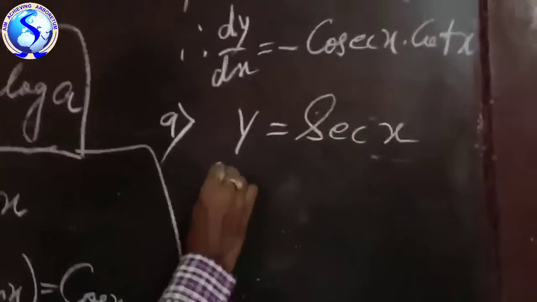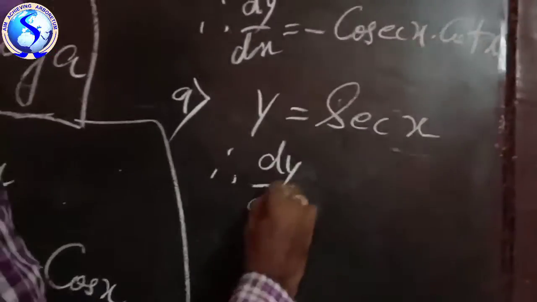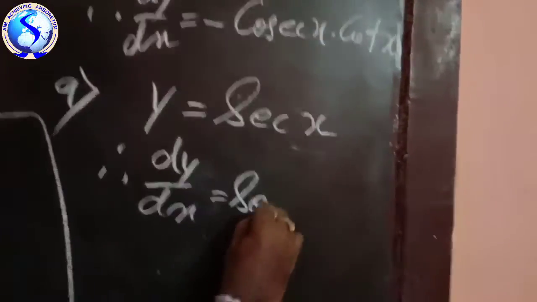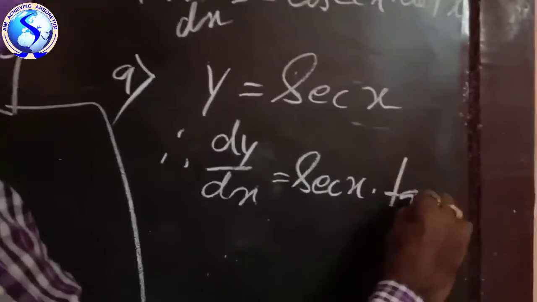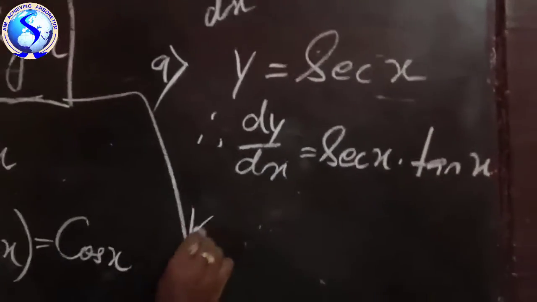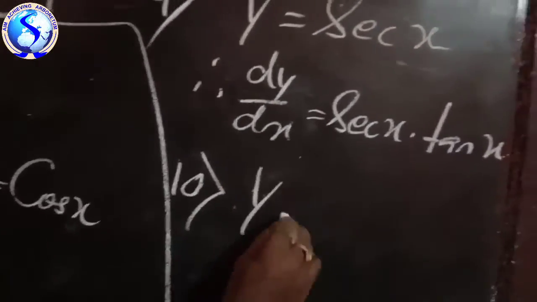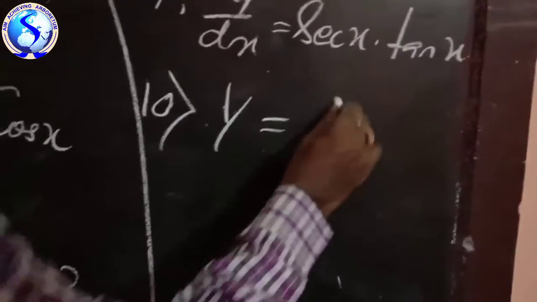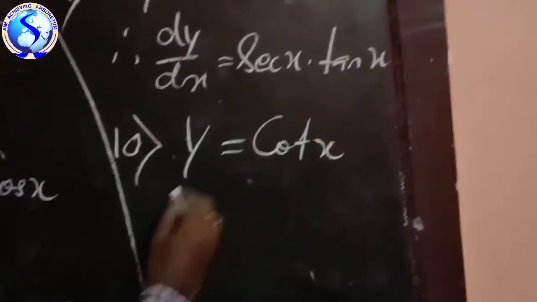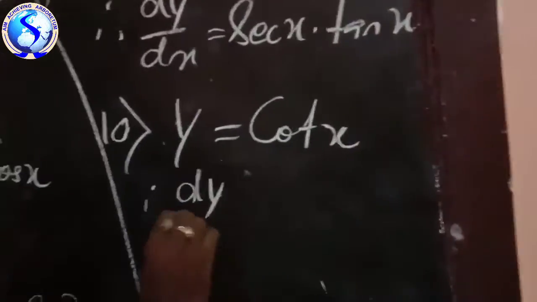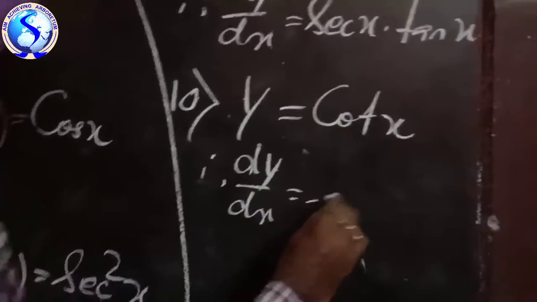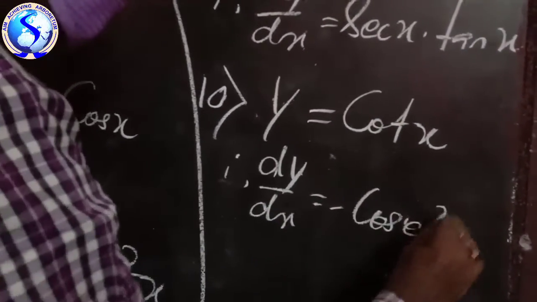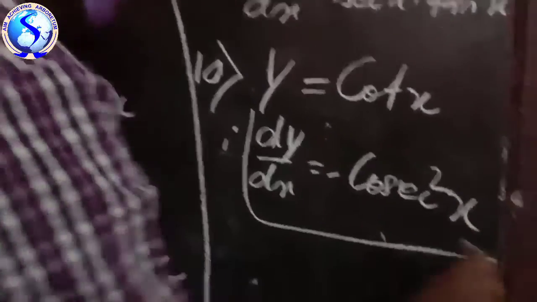What is the derivative of sec x? The answer is sec x into tan x. Number 10, y is equal to cot x. The derivative of cot x is minus cosec square x.